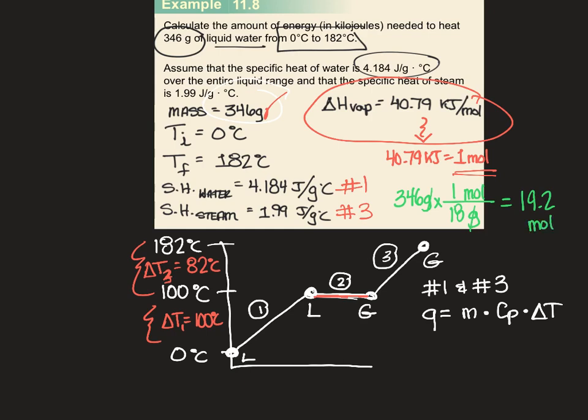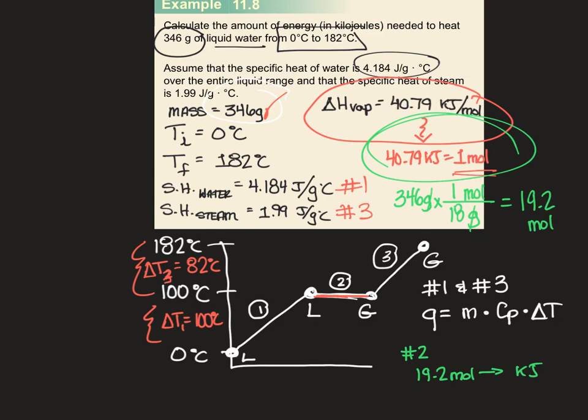And again, I only want to use moles in step 2. Steps 1 and 3 use mass. So 346 as is is good. But then for step 2, I'm going to do basically a conversion from 19.2 moles of water into kilojoules of energy using that heat of vaporization. It's just a conversion factor.